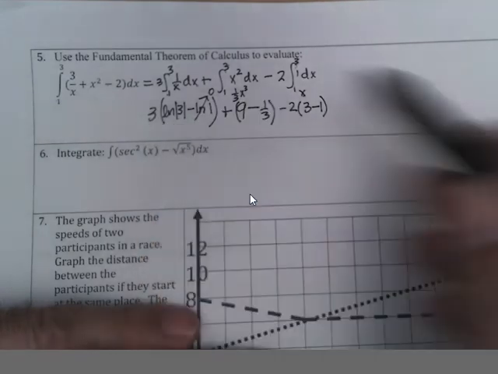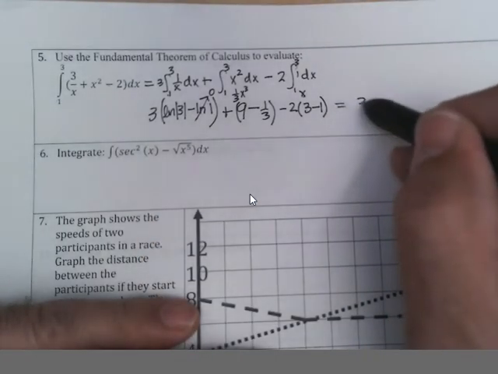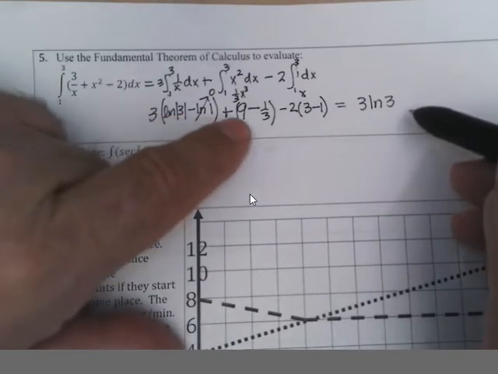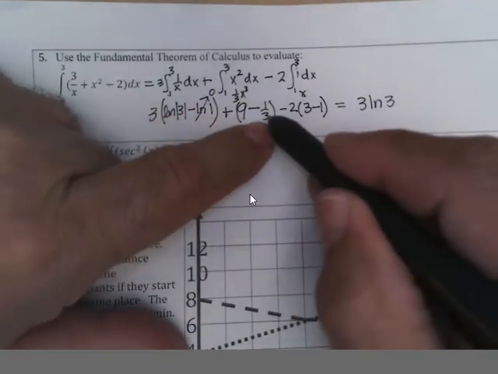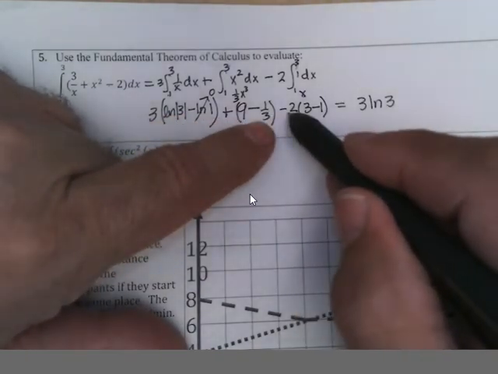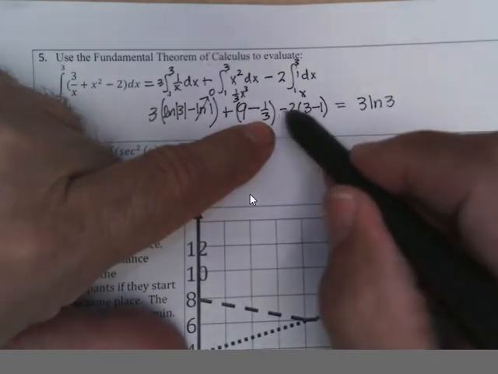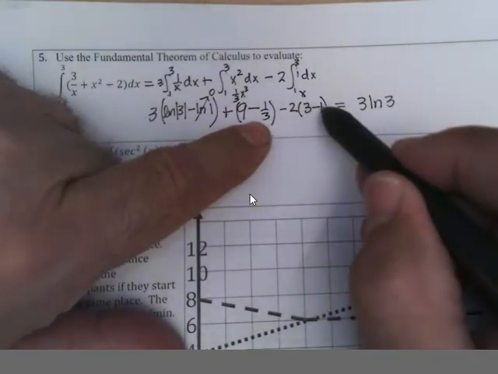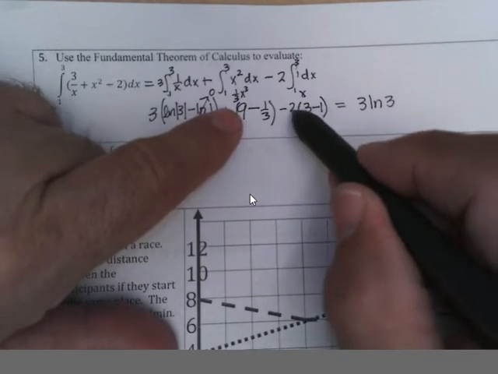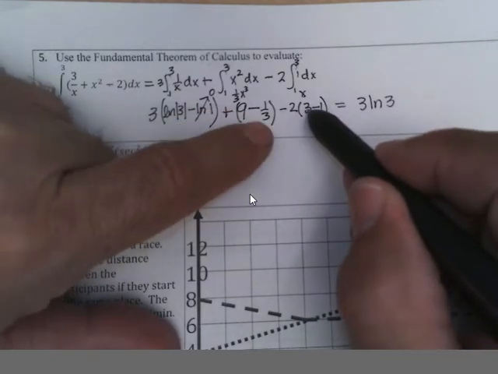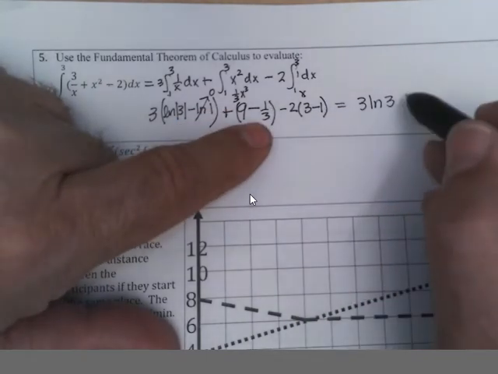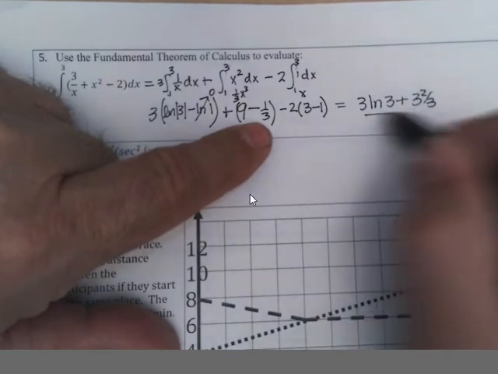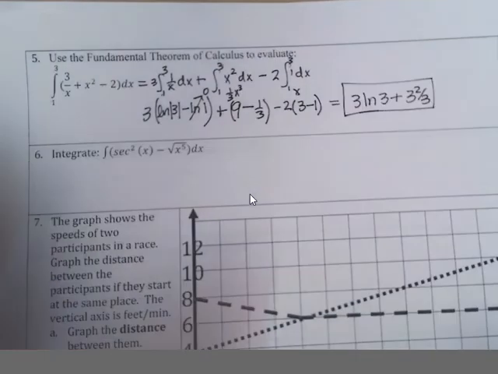So we get 3 ln 3 plus 9 minus a third minus 6 plus 1. So 9 plus 1 is 10, minus 6 is 4. 4 minus a third is plus 3 2/3. Hopefully I didn't make a mistake.